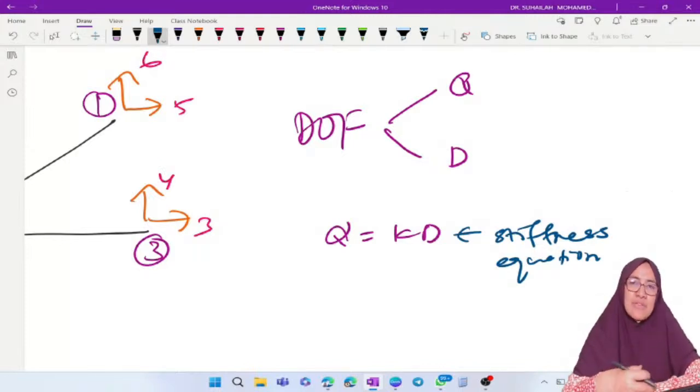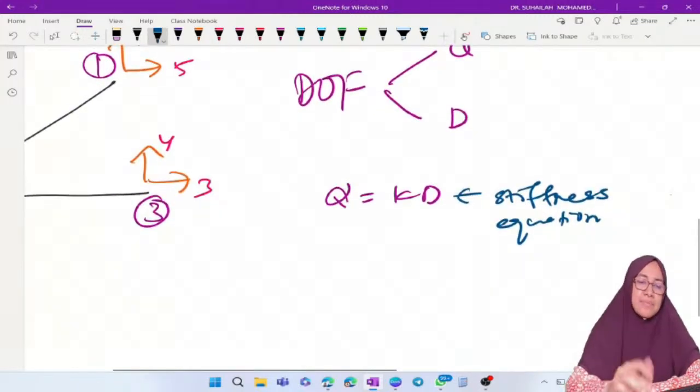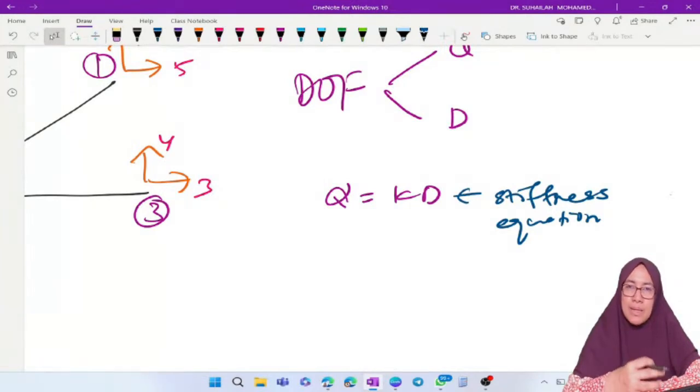And in the stiffness method, everything will be written in matrix form. It means that Q will be written in matrix, K also in matrix, D also in matrix.